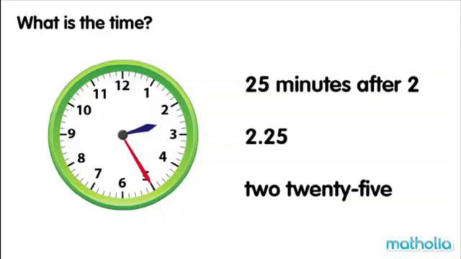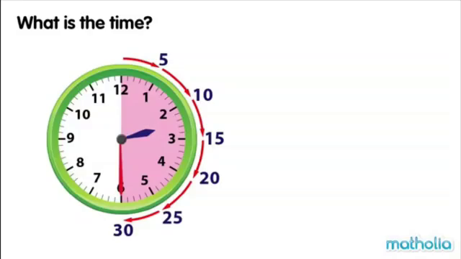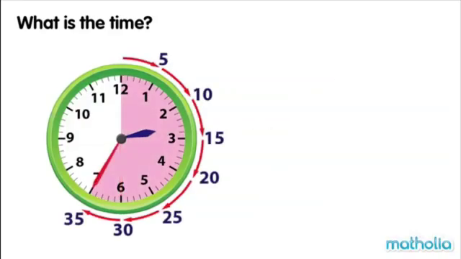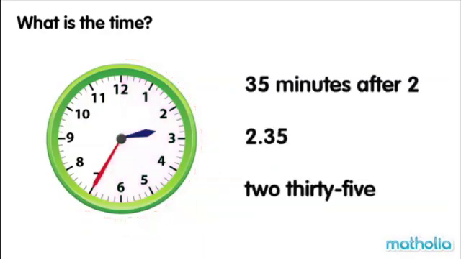It's 2:25. 30 minutes have passed. What's the time? It's 2:30. 35 minutes have passed. What's the time? 35 minutes after 2. It's 2:35.